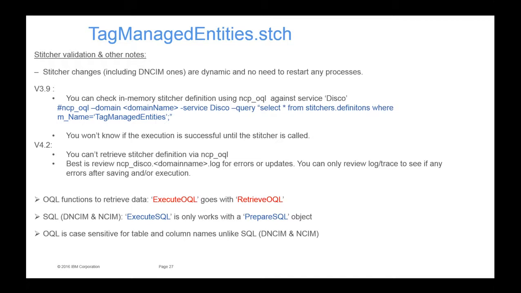You prepare the SQL, and then you execute the SQL, because that's the actual database. And one thing to remember, OQL is case sensitive. So if you have any camel case, you have to match exactly how it is. Whereas when querying SQL, either DNSIM or NSIM, it is case insensitive.